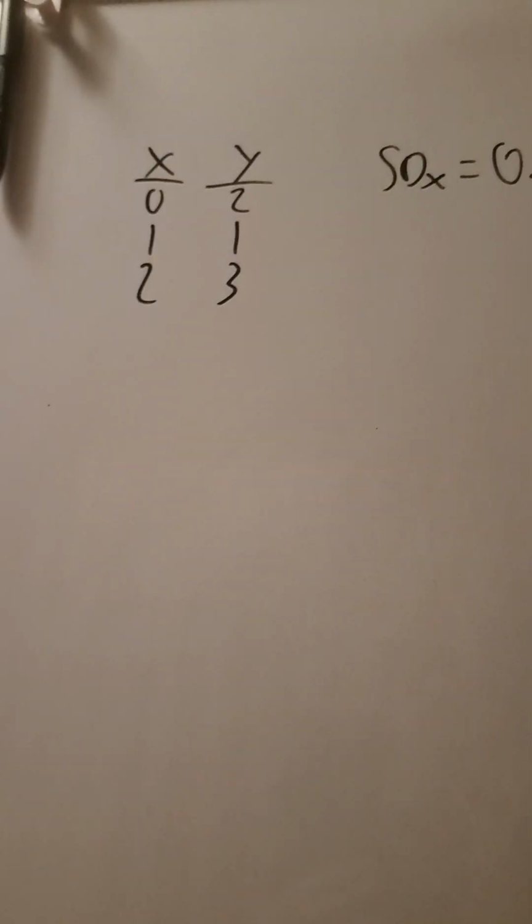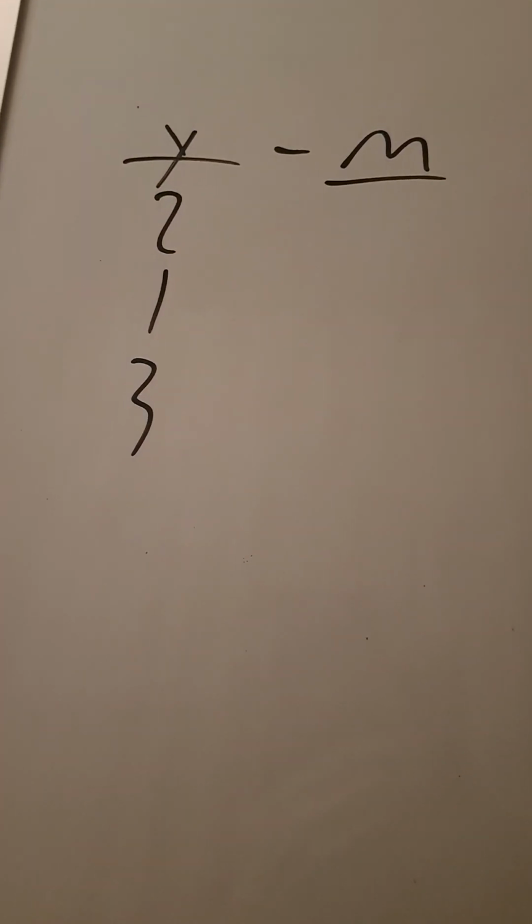And now we're going to switch to working with our y values. All right, so we're going to put y here, start a column of y, 2, 1, 3. Those are our y values. We're going to find the mean of these values, which if you do the calculations, you will find that the mean here is 2.